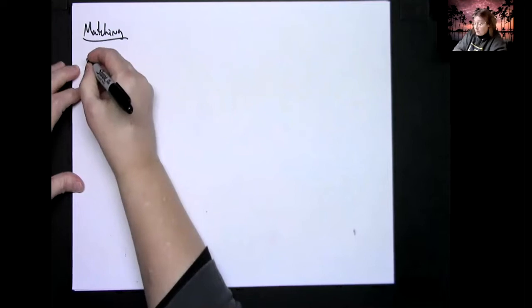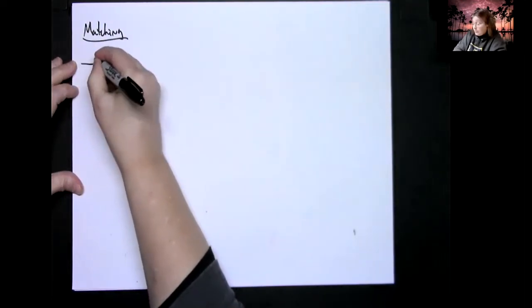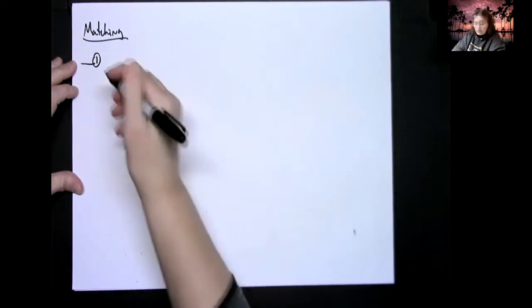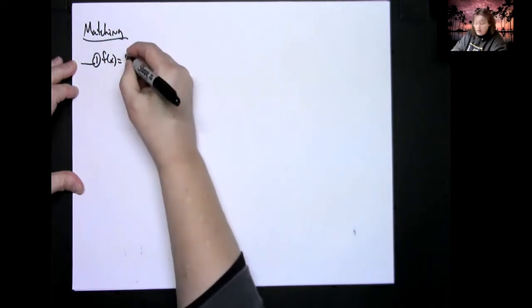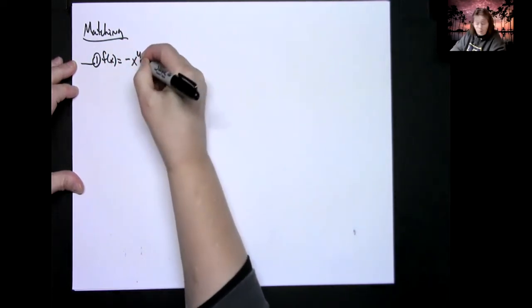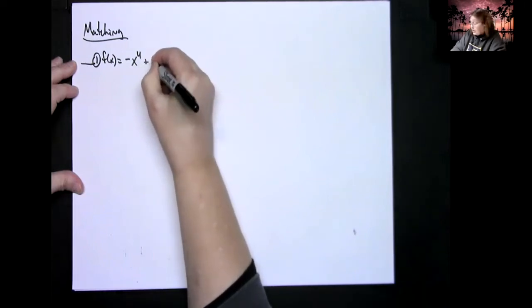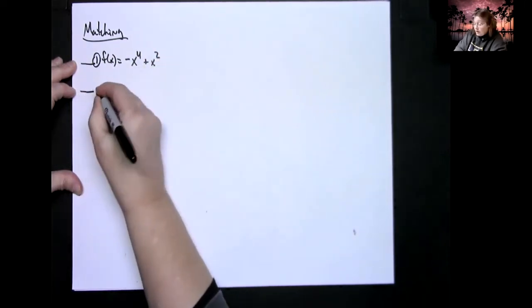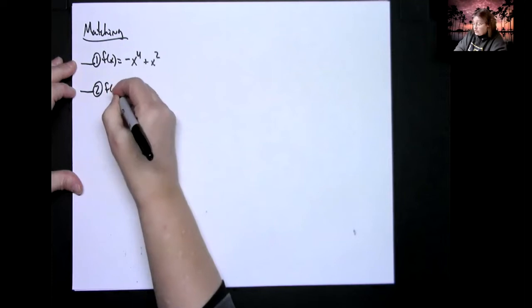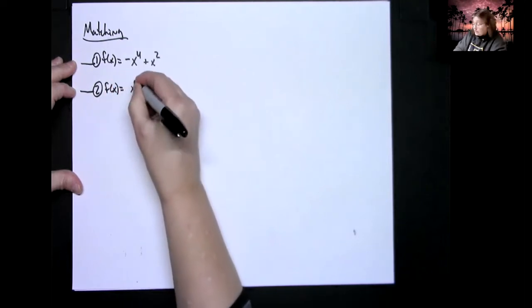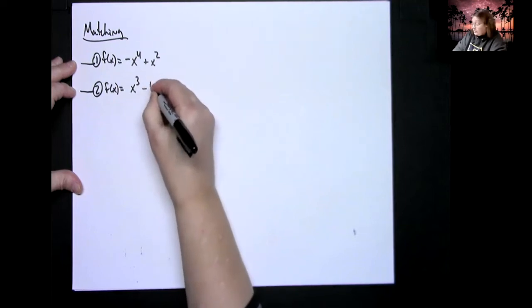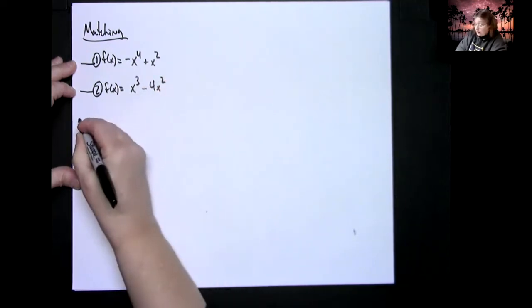Now let's suppose I gave you, this is going to be really bad because I'm going to hand sketch all this stuff, a function f of x equals negative x to the fourth plus x squared. And then as a second function, f of x equals x to the third minus 4x squared.